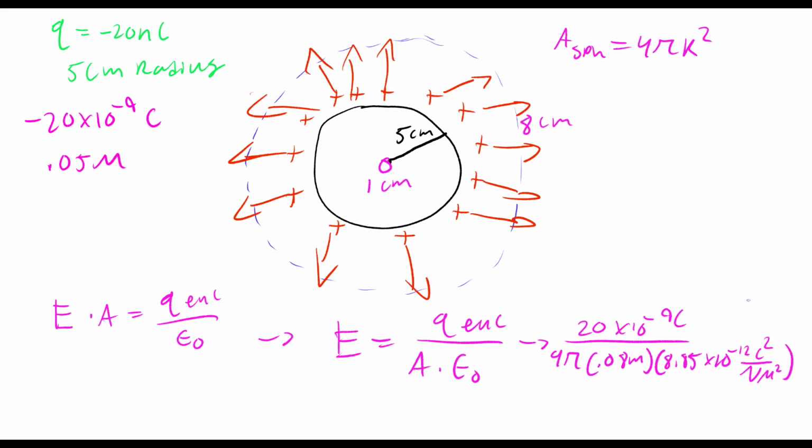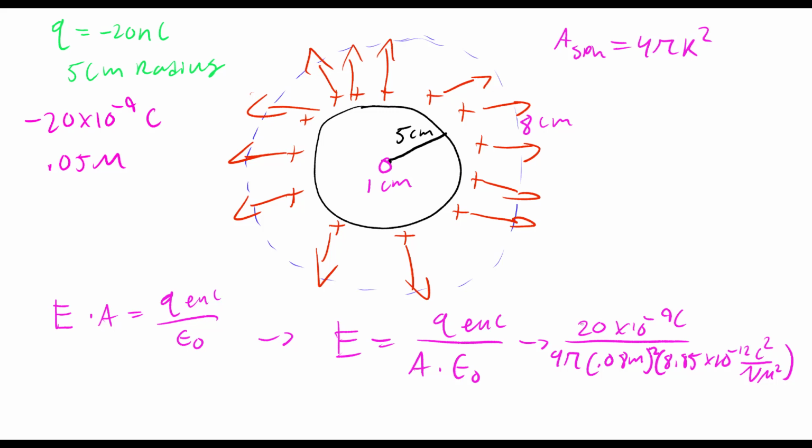All right, so if you were to plug this in, this is 20 e negative 9 divided by 4 pi, and this is squared, 0.08 squared. Then multiply that by 8.85 e negative 12.